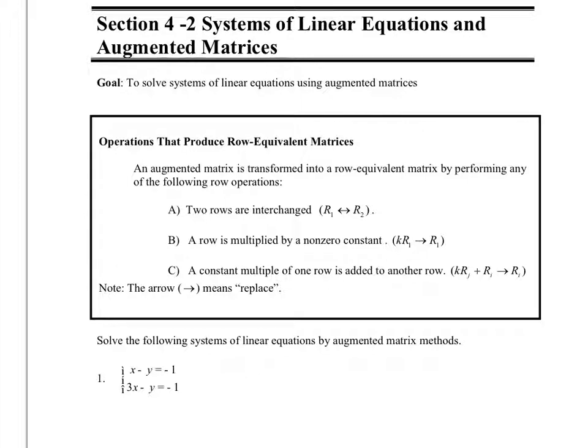I can also multiply any row by a constant, and that is a legal thing to do in algebra. As long as I'm multiplying both sides of an equation by the same number, then I haven't broken any rules. I can also multiply a row by some constant and add it to another row and then replace that row with what I get.